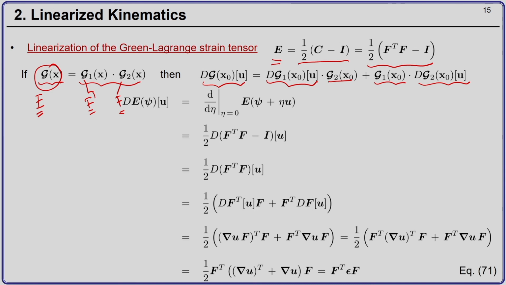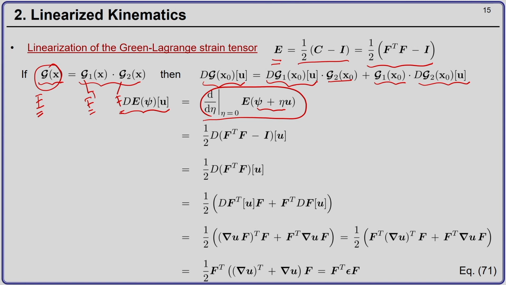Now, if we do this, the directional derivative of the Green-Lagrange strain tensor at psi evaluated in the direction u is dE by d eta of the Green-Lagrange strain tensor evaluated at psi plus eta u.